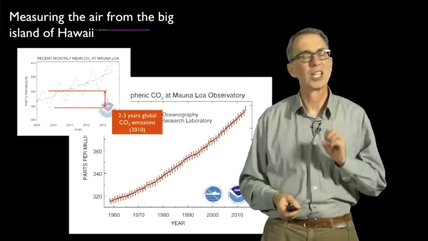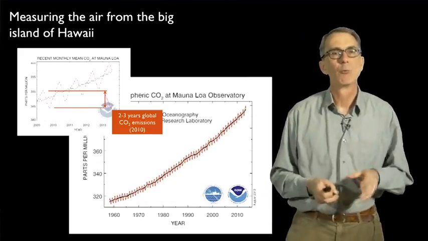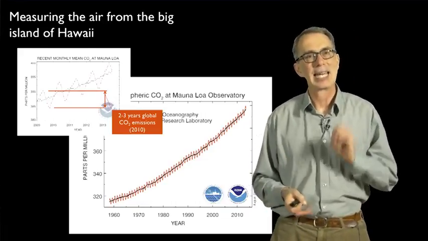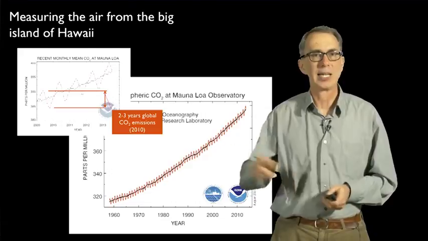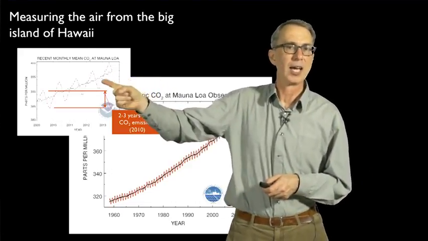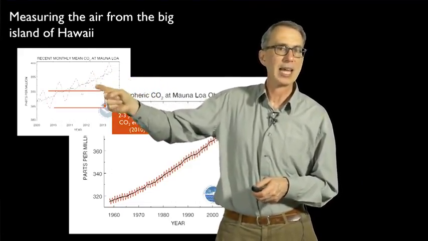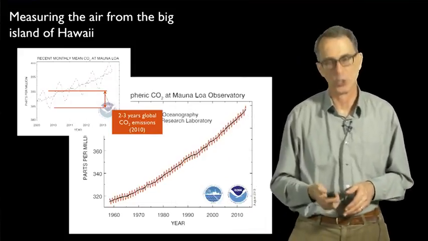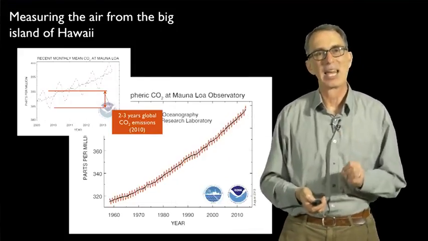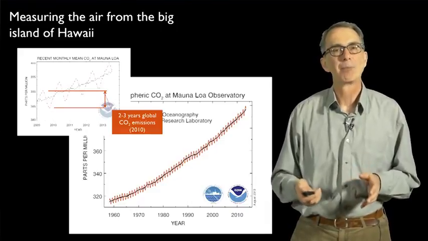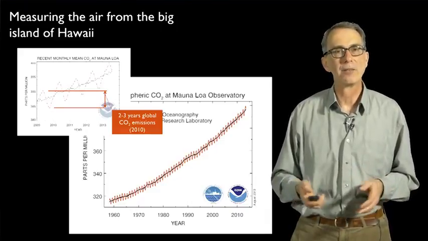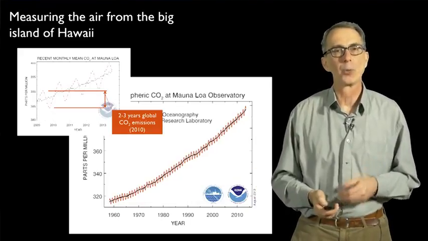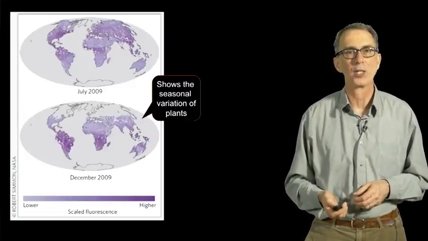So this is an indication of the important role of plants and vegetation all around the planet in taking up carbon dioxide, but it's also an indication, with this steady rise, that there's not enough uptake, that there are some long-term emissions. And the best evidence for the role of human activity is this long-term increase, and we'll look later on at some possible explanations for that increase.